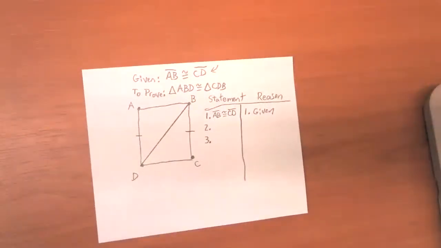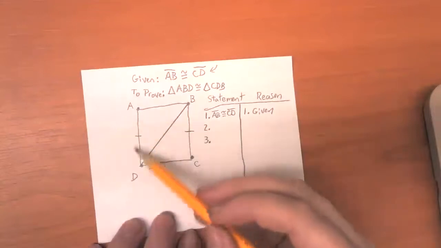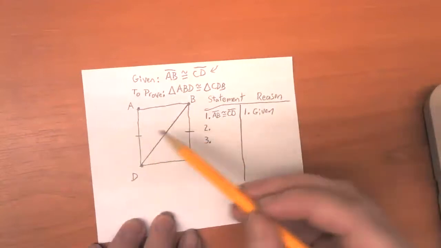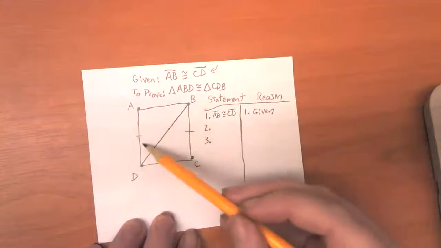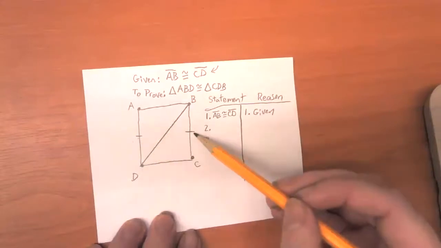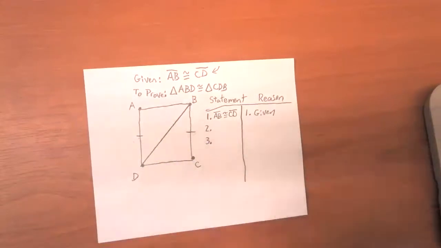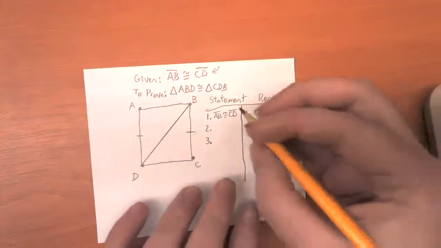Another place that you'll often see statements that we can take as given is in the diagram. You can see that in this diagram, we've got these two line segments that have tick marks on them. This has one tick mark and this has one tick mark. That means that we can infer from this that they are congruent sides.